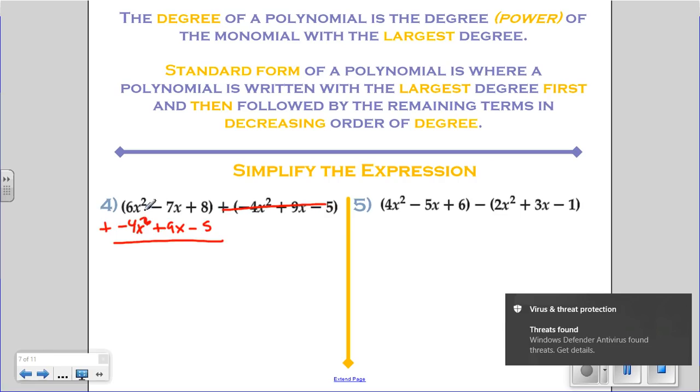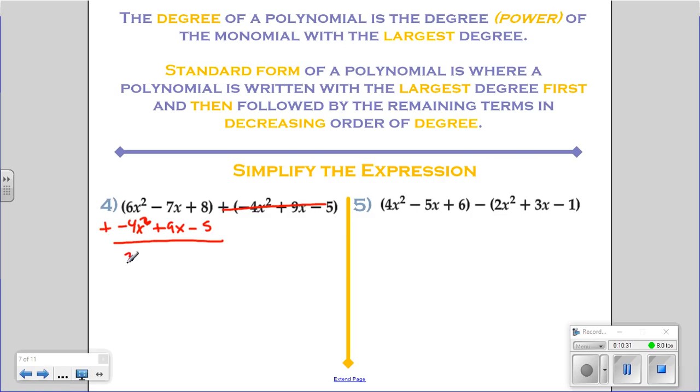So 6x squared plus negative 4 is going to give me a positive 2x squared. Notice the variable stays the same. I'm just combining the numbers in front. I'm not changing the numbers at the end.